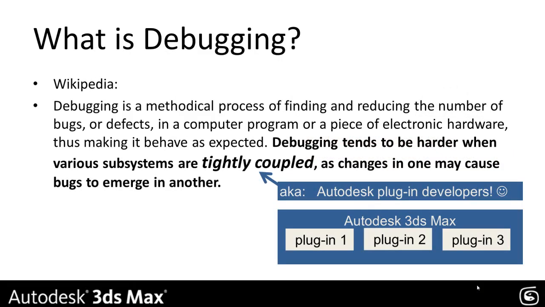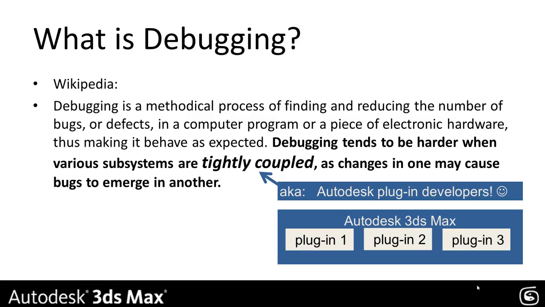So what is debugging? When you look at the Wikipedia definition, there's this last statement that struck me as interesting. Debugging tends to be harder when various subsystems are tightly coupled, as changes in one may cause bugs to emerge in another. So this concept of tightly coupled really refers directly to a plugin developer.